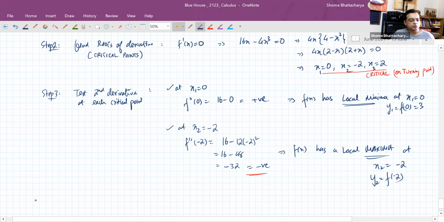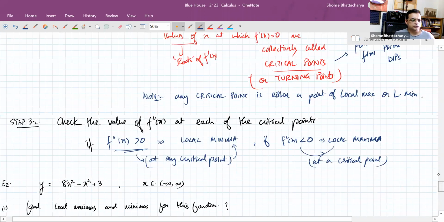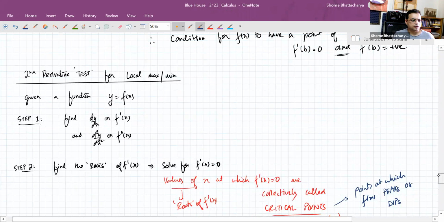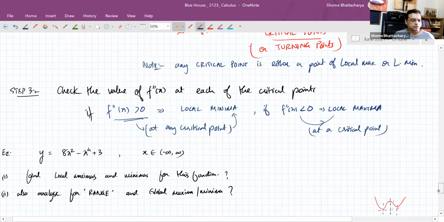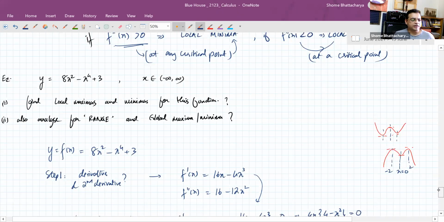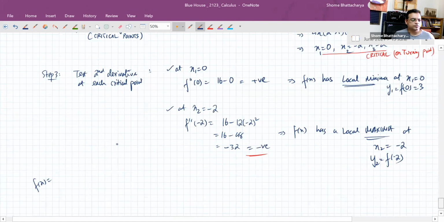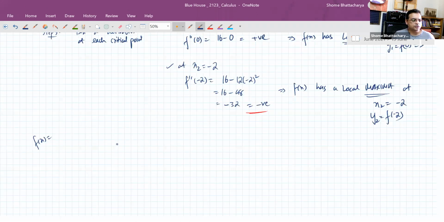Okay. Now remember what the function was. The function was 8x squared minus x to the power 4 plus 3.